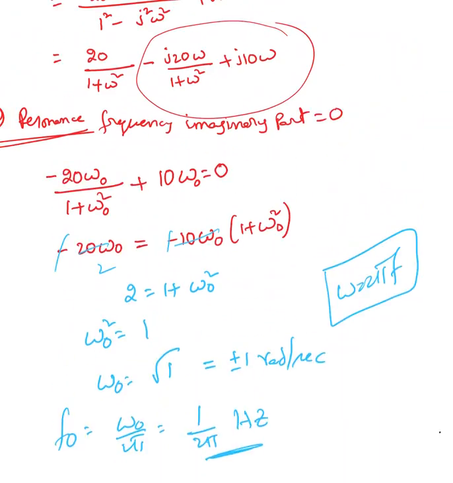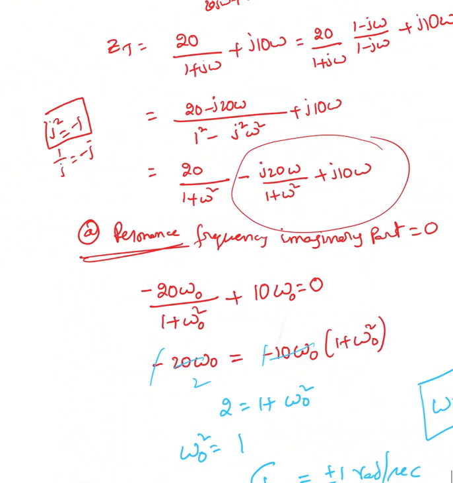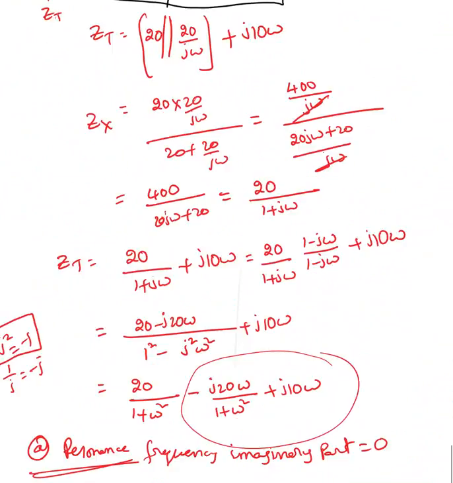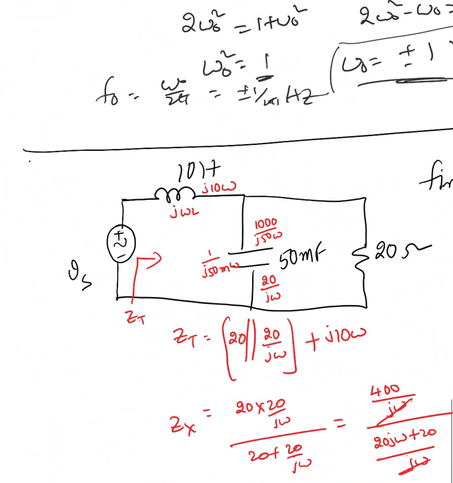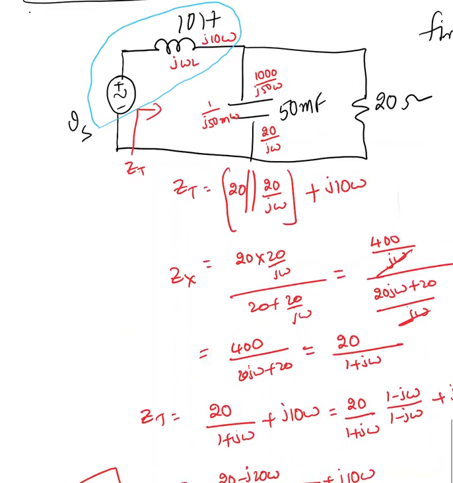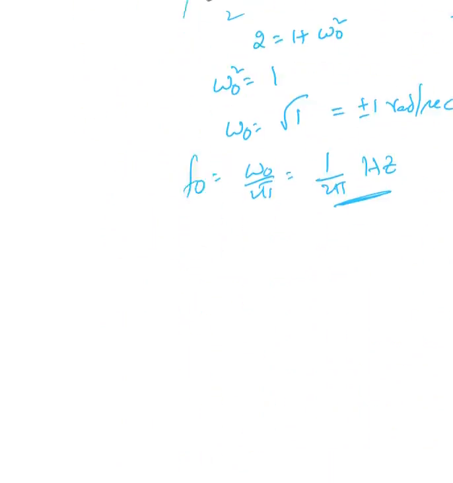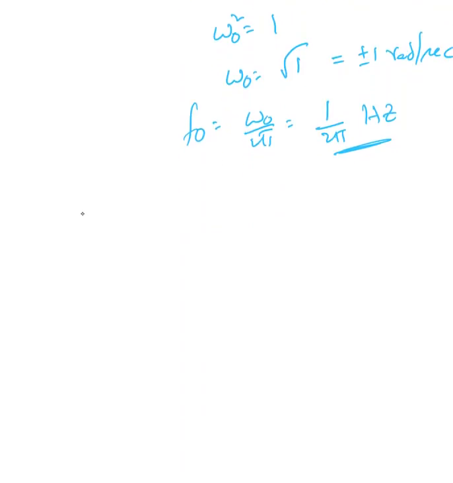Now here is my question. The given circuit has only 3 elements. It's a series parallel combination, right? Is there any way I can transfer this voltage source in series with inductance into a current source in parallel with a resistor? By using the source transformation theorem, I can do that.